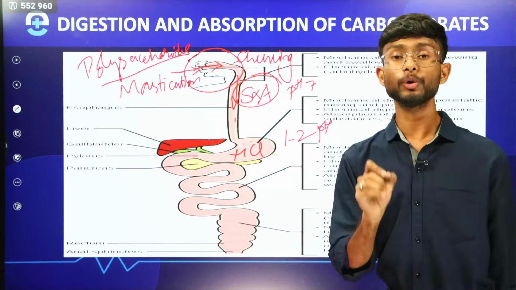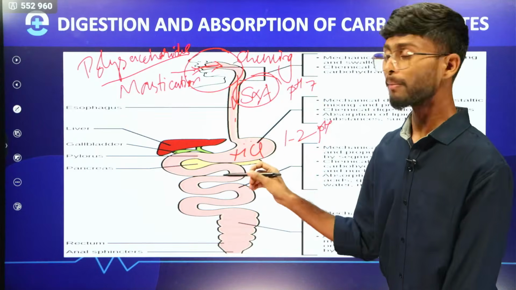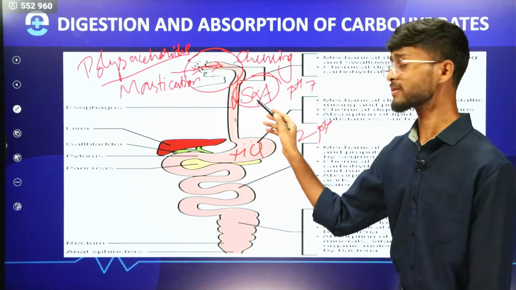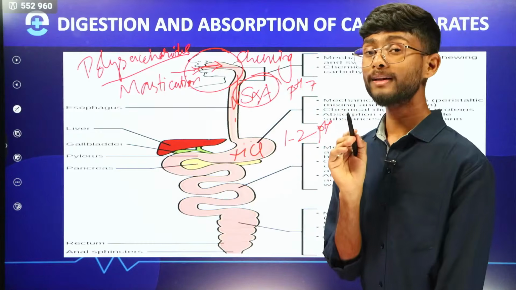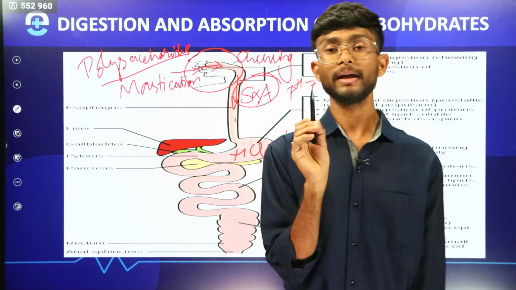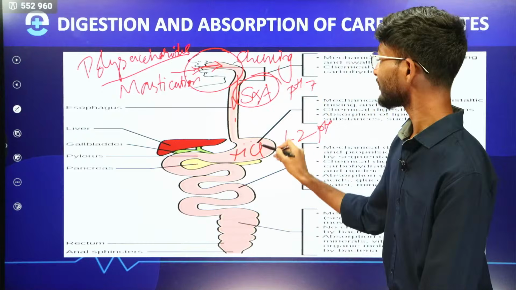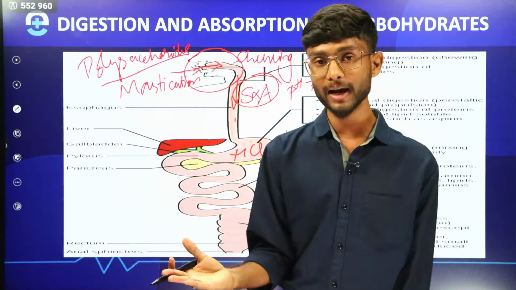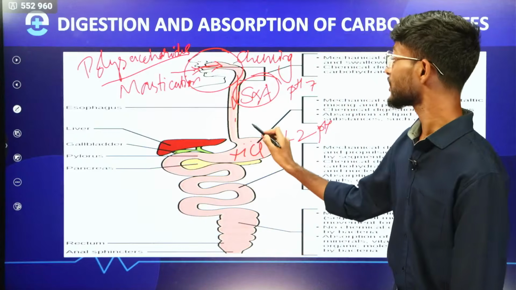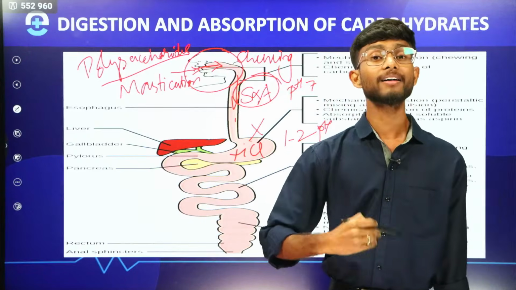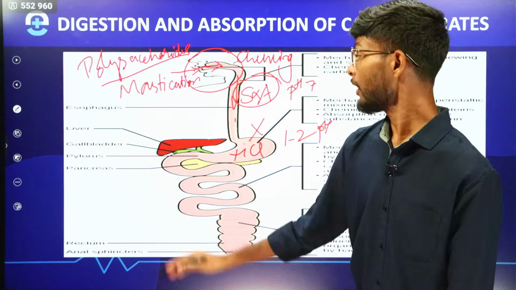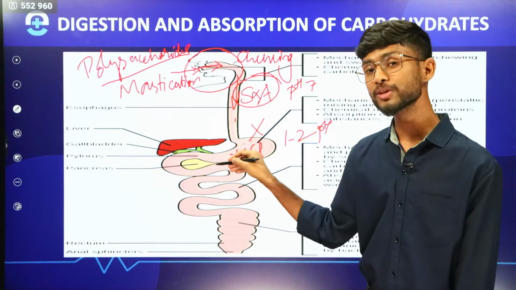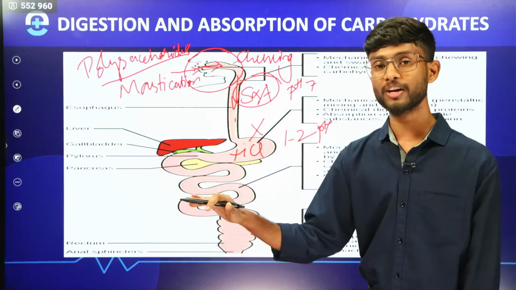As I told you, factors affect the enzyme's activity. When it reaches the stomach, it nullifies the activity of salivary amylase. So no digestion occurs in the stomach.